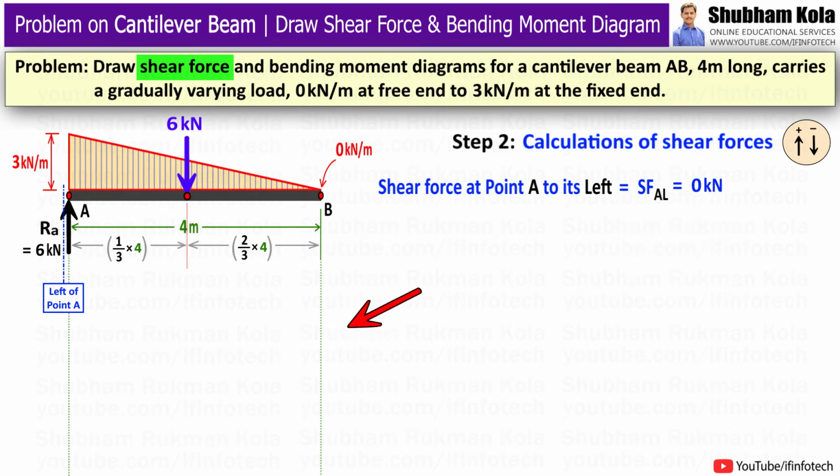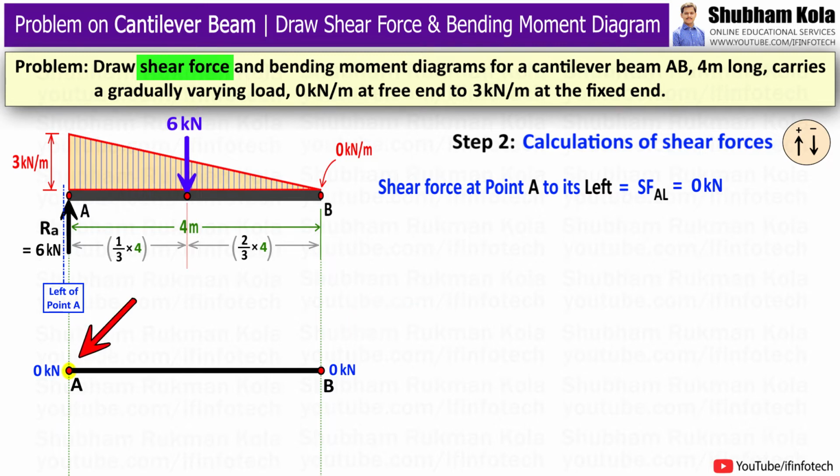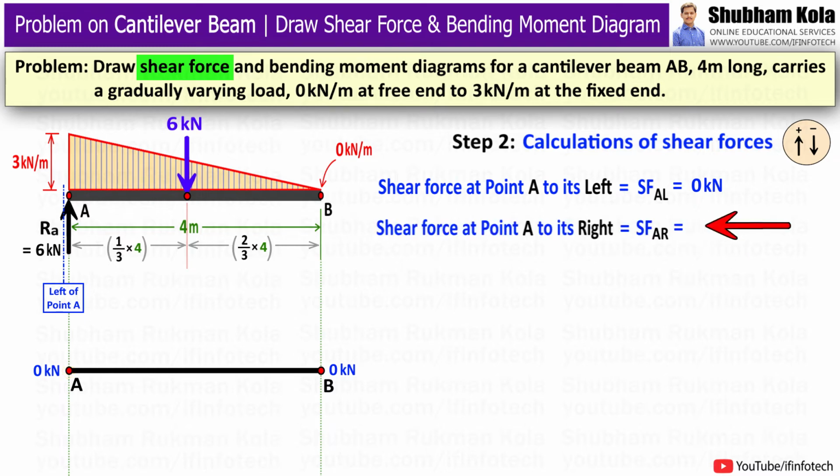So to draw shear force diagram, I will first draw a horizontal reference line of 0 kN shear force. So here I'll mark the point of 0 kN on the reference line, that is shear force at point A to its left, equal to 0 kN. Now if I go to the section to the right of point A, that is SF at A to the right, then there is reaction force RA that we had calculated as 6 kN, which is acting on the beam in the upward direction.